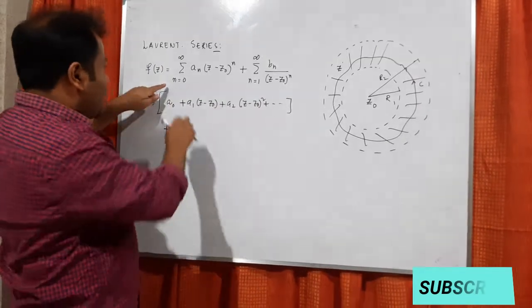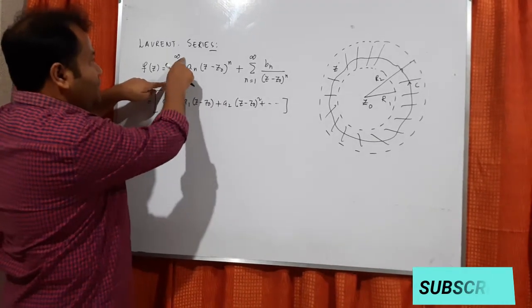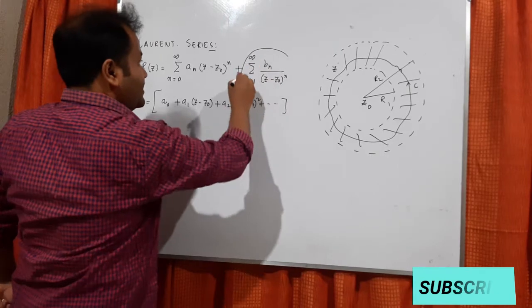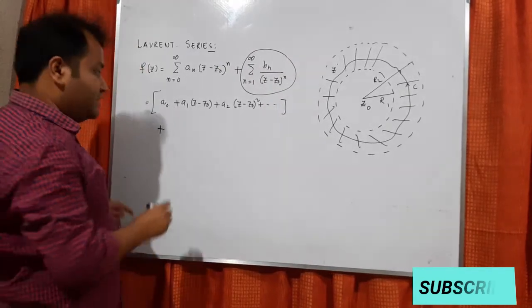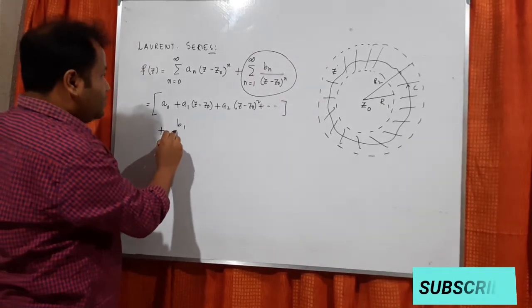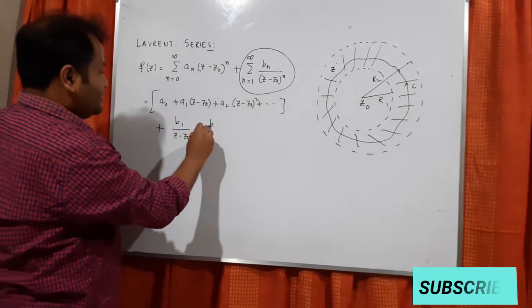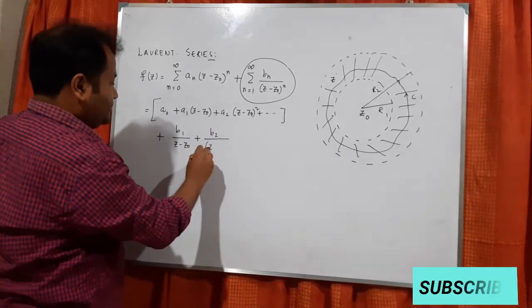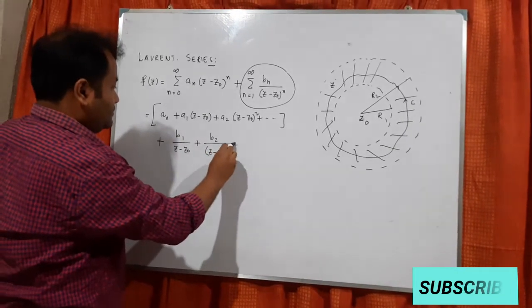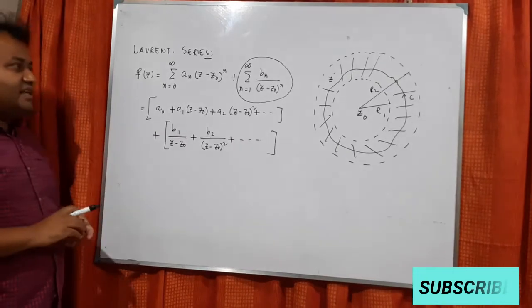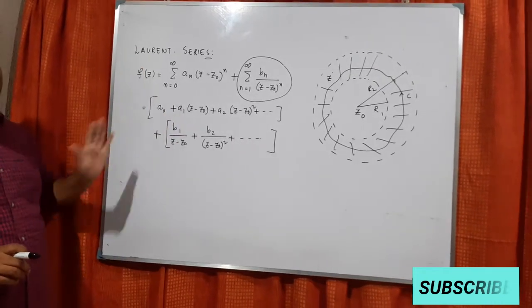Now look into this one, this is coming from 0 to infinity, and this is 1 to infinity. So this portion is very, very important. This is 1 to infinity. So what will it be? It is b1 by (z minus z0) plus b2 by (z minus z0) square and so on. So this series is called Laurent series.